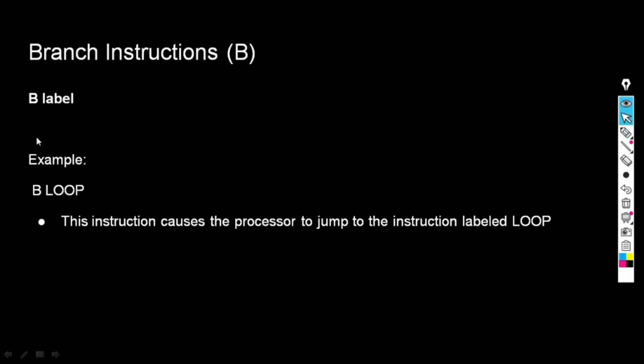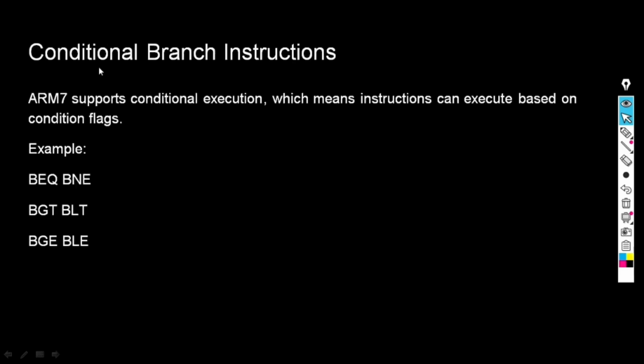Just now I told you it's an unconditional jump because we are not checking anything, we are directly jumping to the specified label. The very next topic that we see here is conditional branch instruction. This is nothing but conditional jump. So what does that mean? Here conditional execution happens.